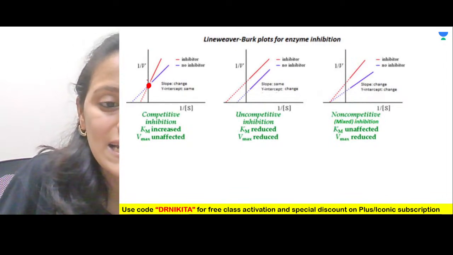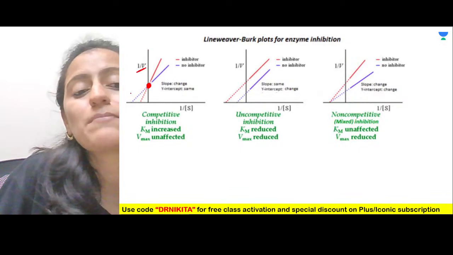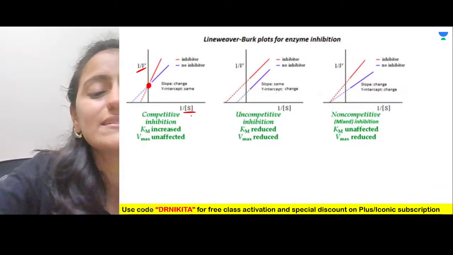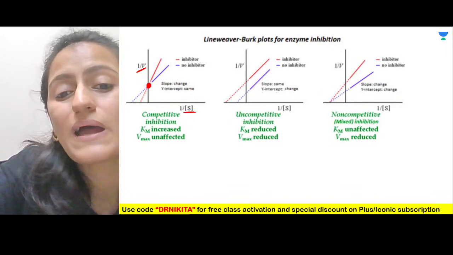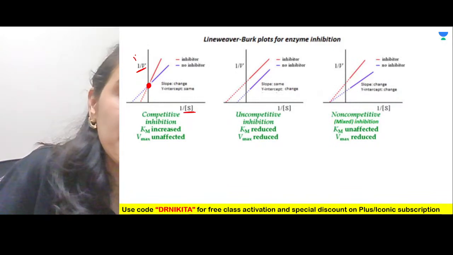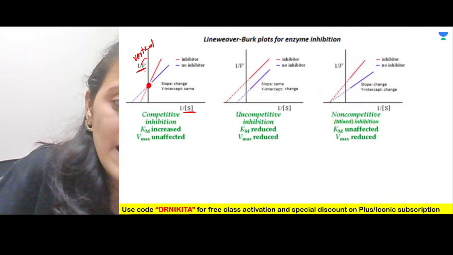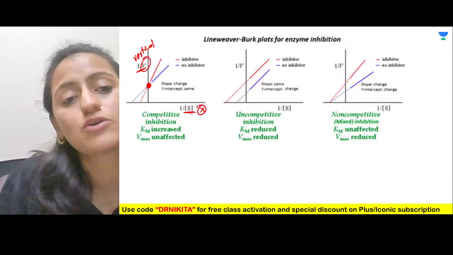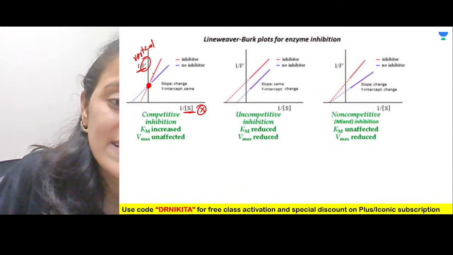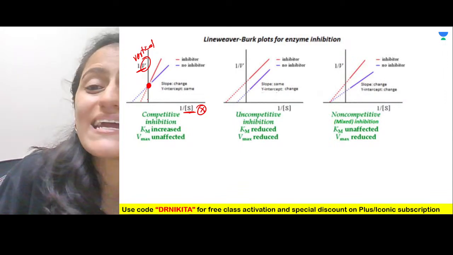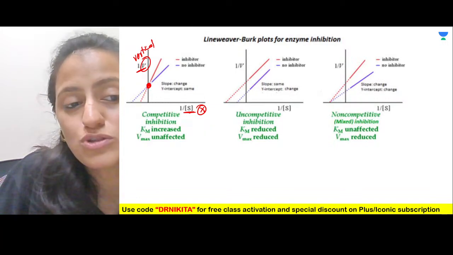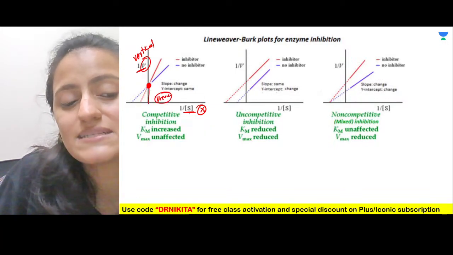The vertical line is 1 by V, and the horizontal line, the x-axis, is the substrate, 1 by S. So vertical is 1 by V and the x-axis is the substrate concentration. When these lines cross at the y-axis, it means 1 by V is the same for both of them. That means the Vmax is the same.